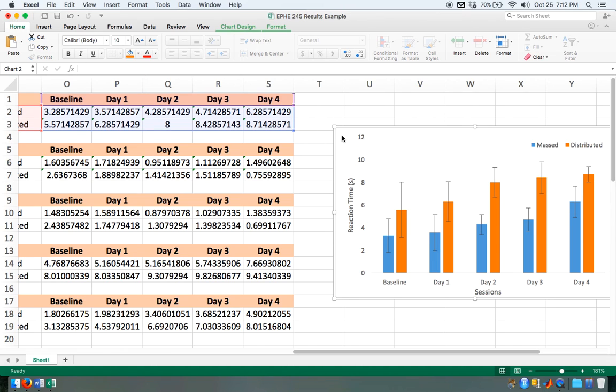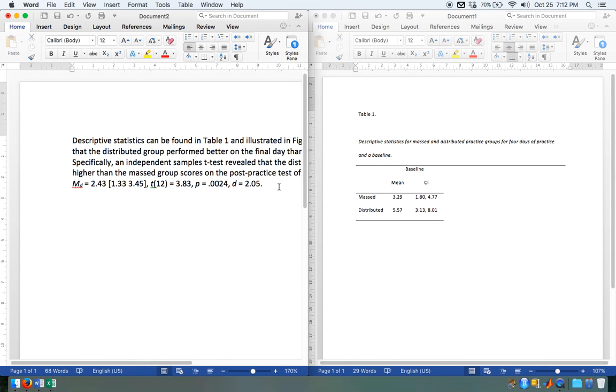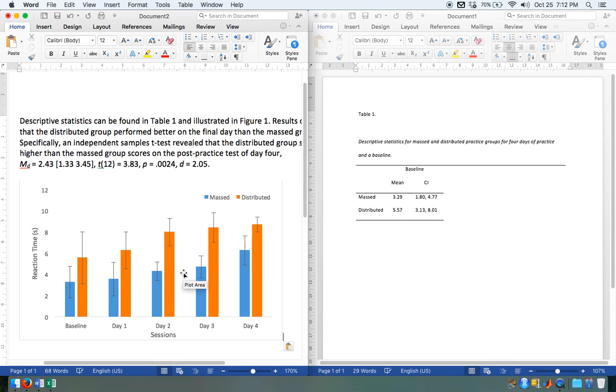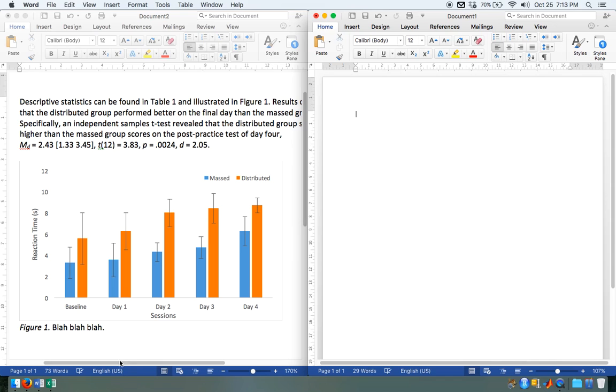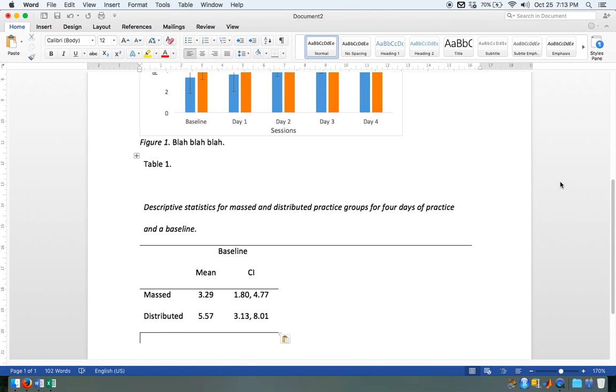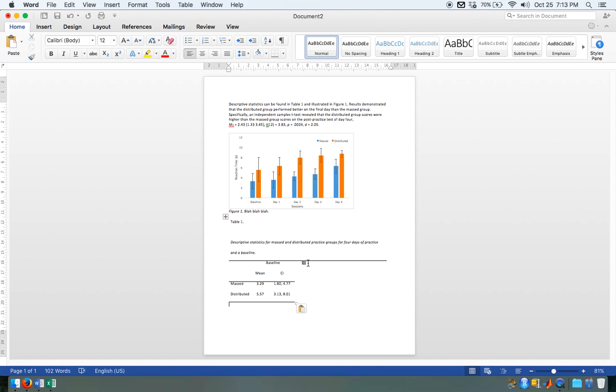So copy, paste. So this should say like figure 1, blah, blah, blah. And then you can do that there, and of course finish your table, and there is generally your results.